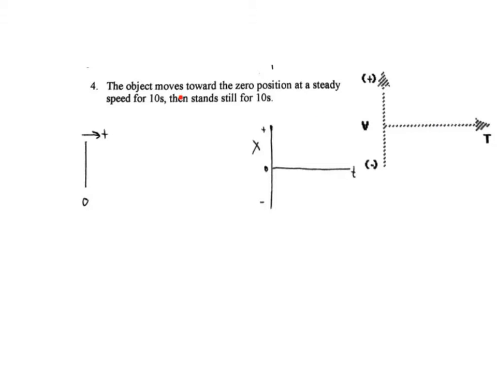We also know, now that we've done number 3, what it looks like to stand still on a motion map, an XT graph, and a VT graph. So make sure that you think those through about how to construct these things. Now, for those that already did it, and you don't need to pause it, here we go.